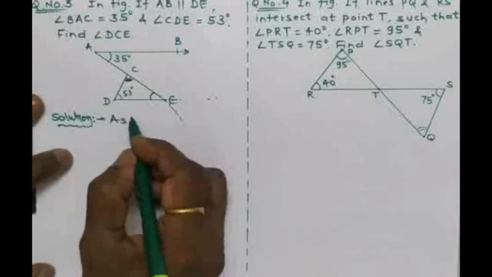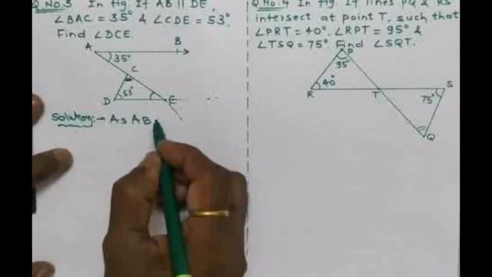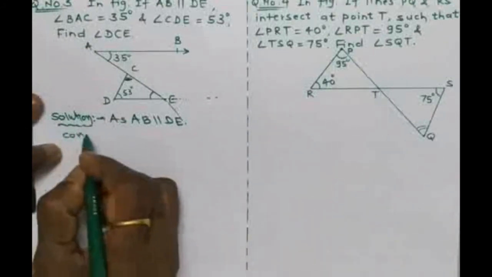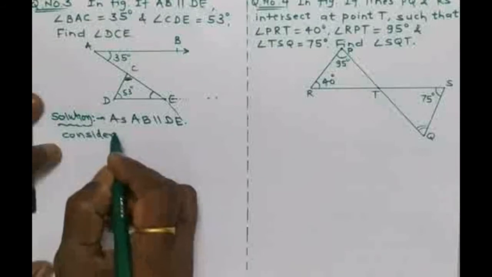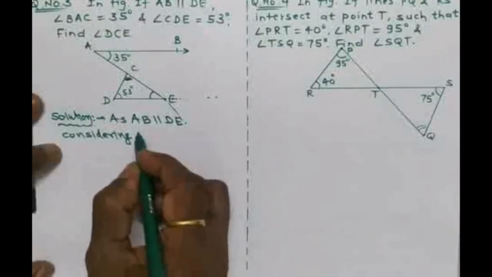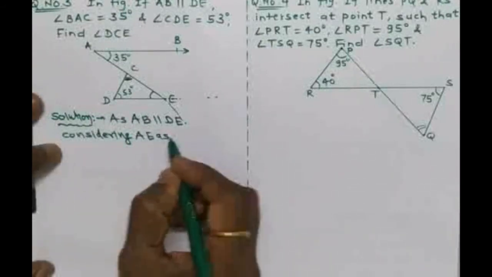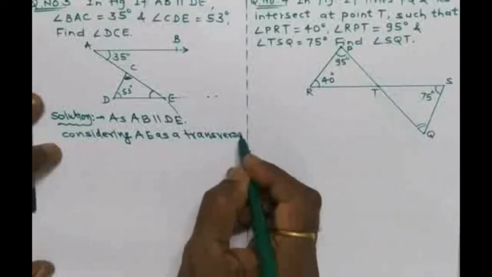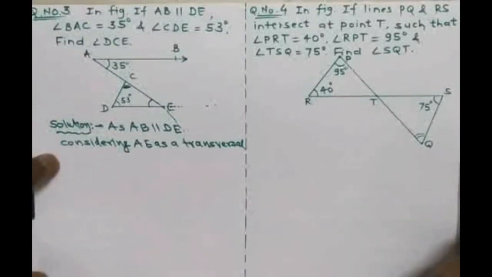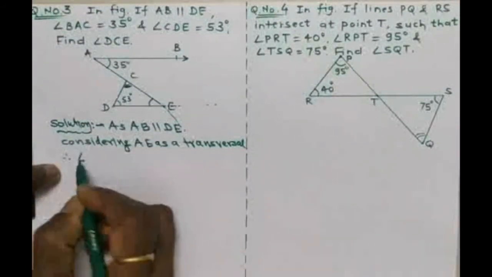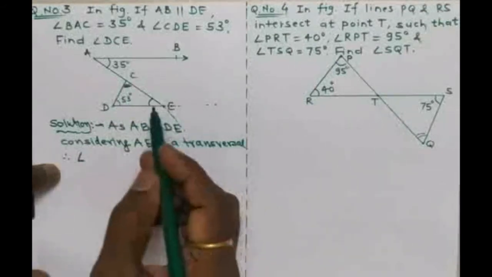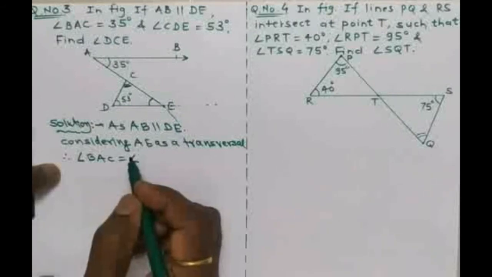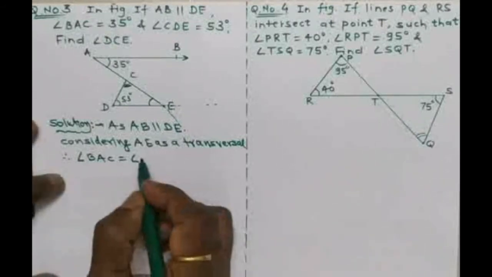As AB is parallel to DE, considering AE as a transversal, okay, therefore angle BAC equals angle CED.